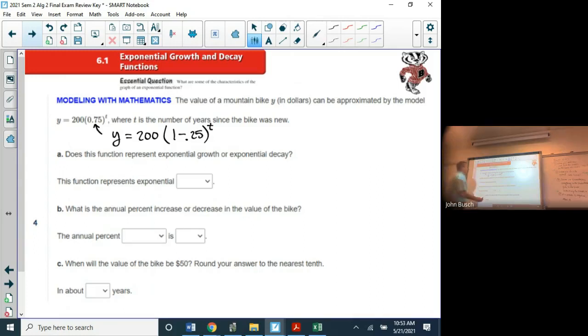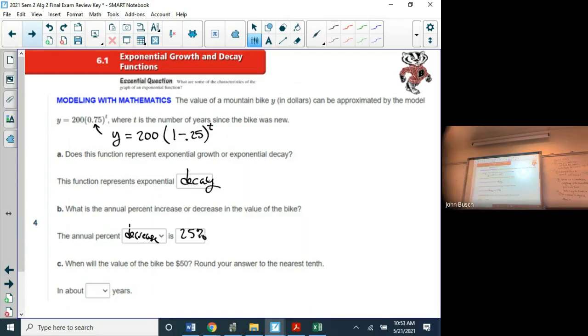Since 0.75 is less than 1, it's decay. Now, what is the annual percent increase or decrease? Since it's decay, it's a decrease, and it decreases by 0.25, 25%.